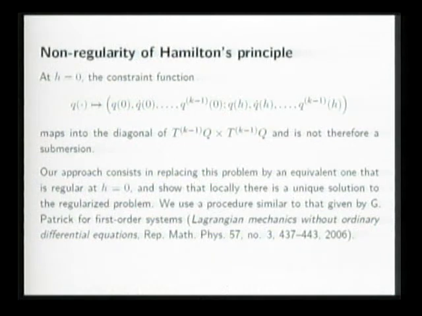So we need to define an exact discrete Lagrangian, and in order to do that, we need uniqueness and existence of solutions for nearby boundary conditions and for small h. This h will be the time step for the discretization.